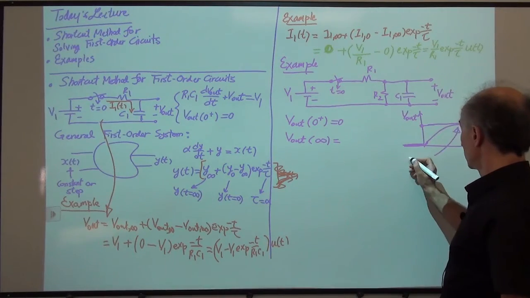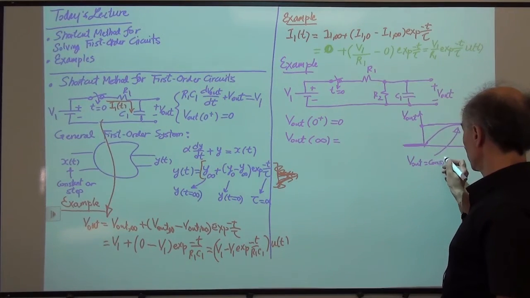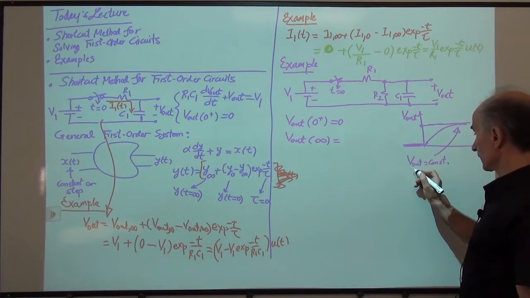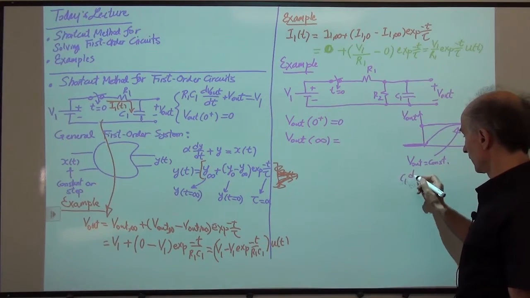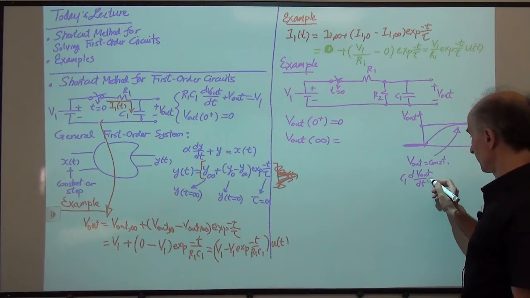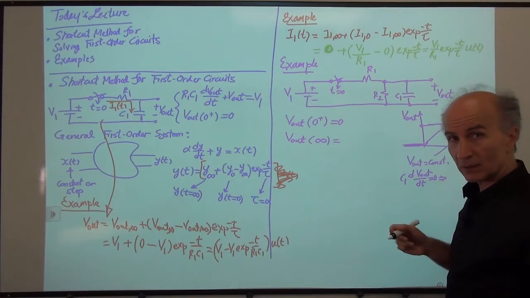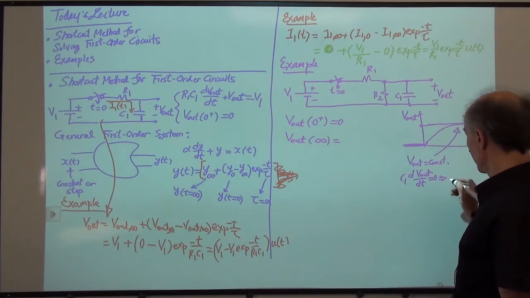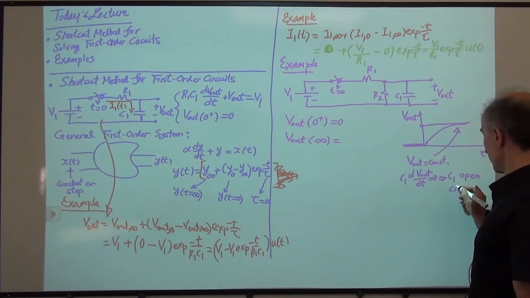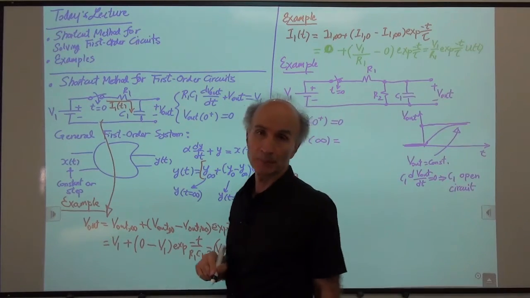You say V out is constant at time infinity. That means C1 dV out over dt is 0. That means the current to the capacitor is 0. That means the capacitor is an open circuit. So C1 is an open circuit.